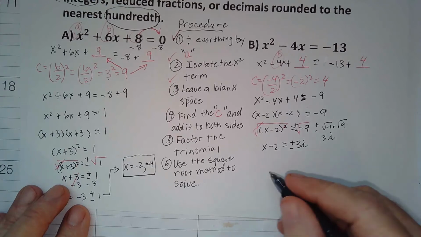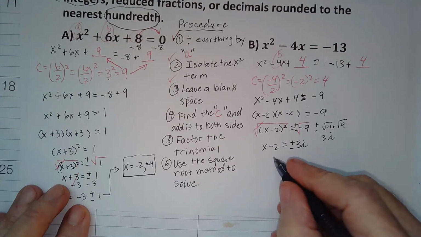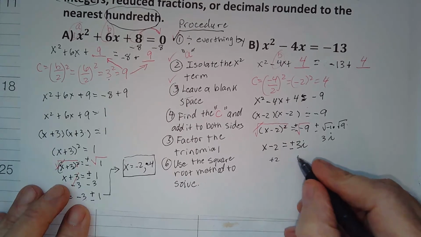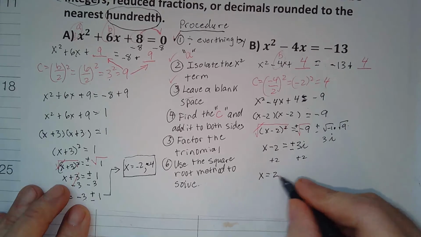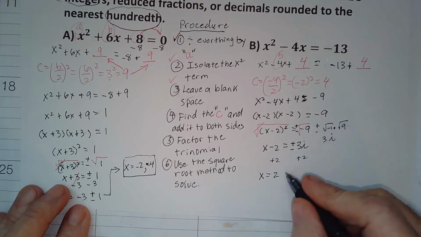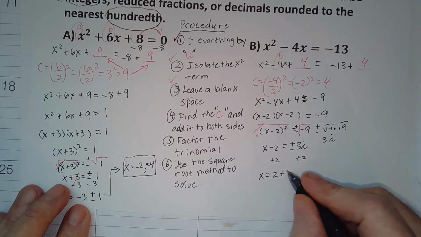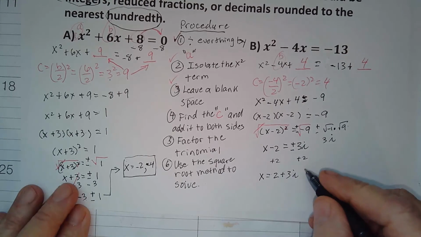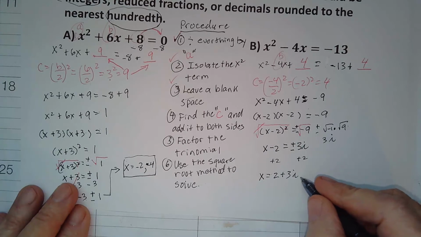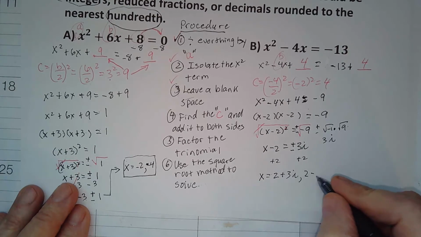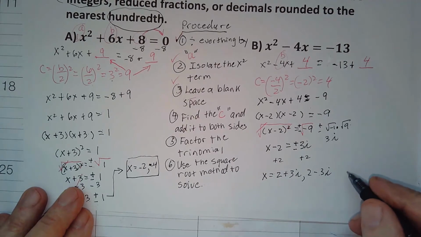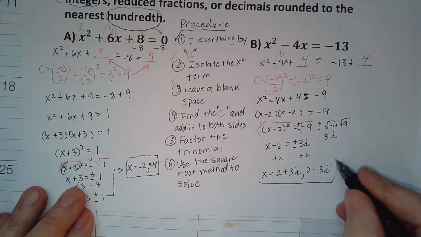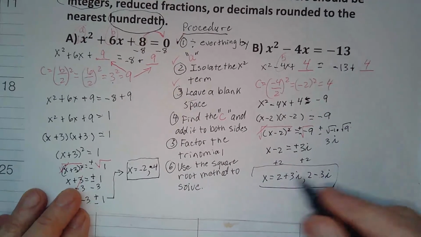Right? So now finishing this, we add 2 to both sides, and we get x equals 2 plus 3i, and 2 minus 3i. So these are two imaginary solutions. This would be the correct answer again using IXL.